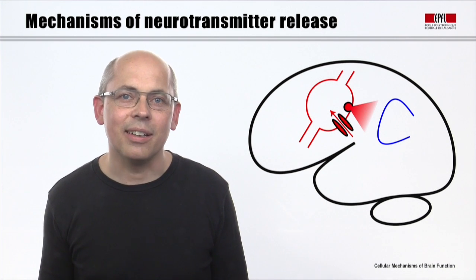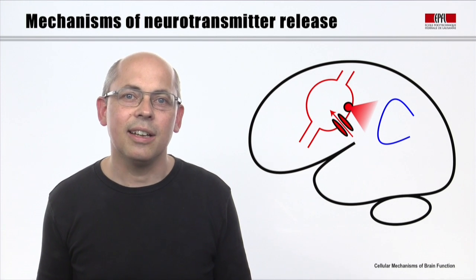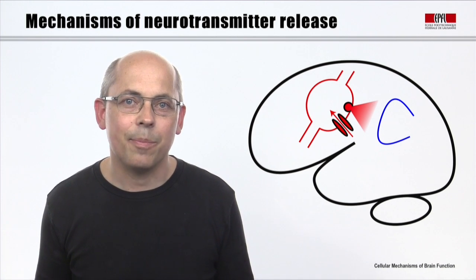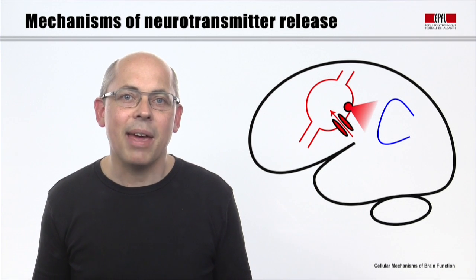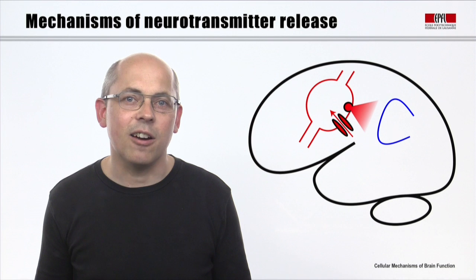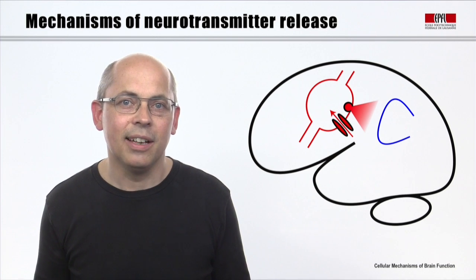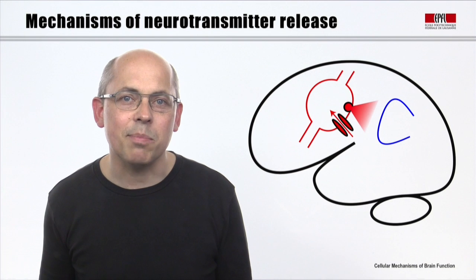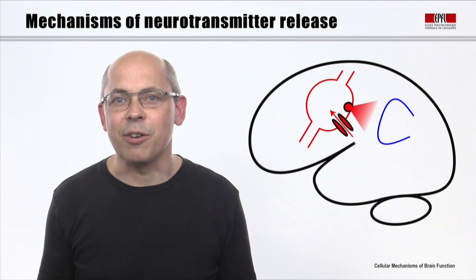Now, it should be remembered that exocytosis, the release of a vesicle, is a stochastic process. A given docked and release-ready vesicle may have something like a 10% chance of being released when an action potential invades the nerve terminal. This means that synaptic transmission is unreliable, but it also means that the process can be highly regulated.